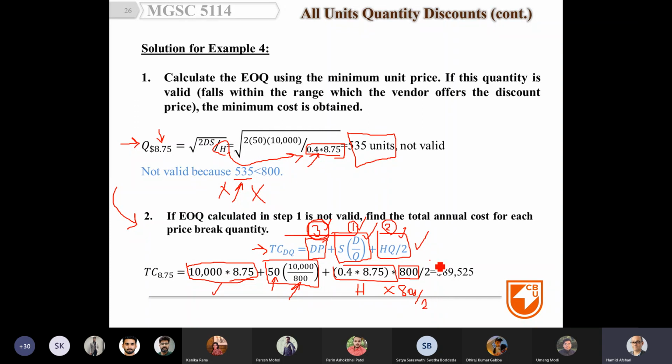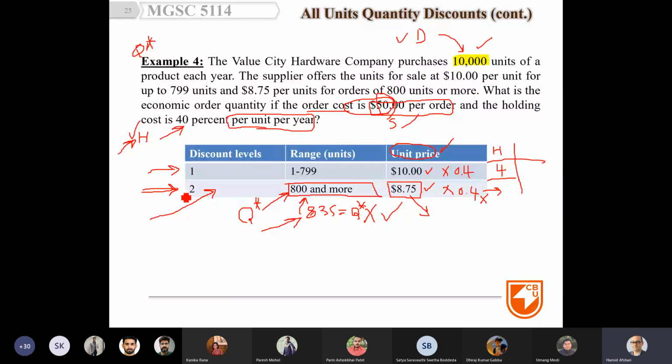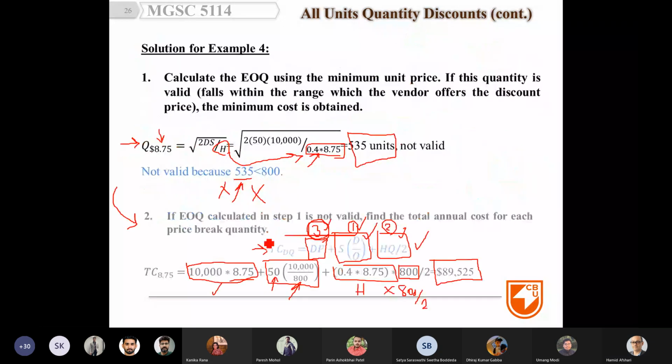Then I'm able to calculate the total cost of this scenario. Which scenario? The second discount level. Okay, so the total cost of the second discount level, how much is that? $89,525.